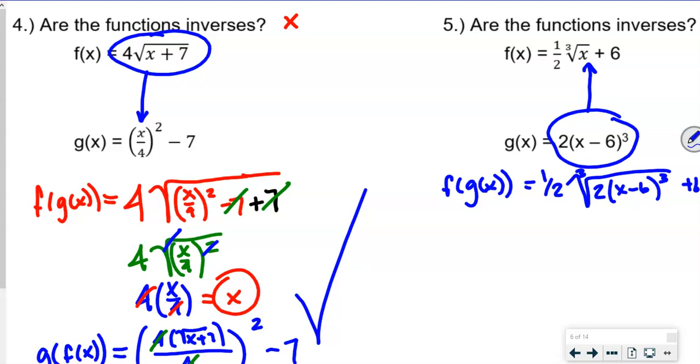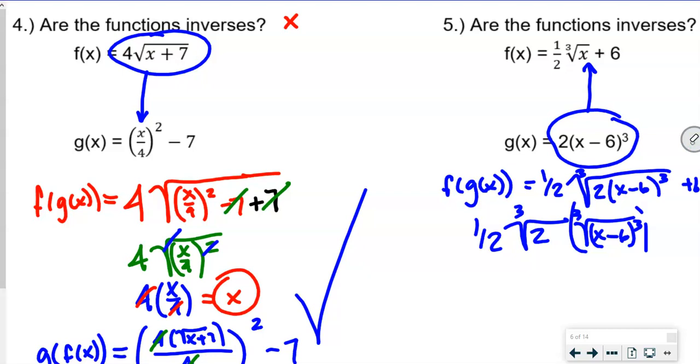So this is going to be 1/2 the cube root, and I'm going to go ahead and split these up, of 2, and the cube root of x minus 6 cubed, right? Because we're going to end up cubing these, yes? Or cubing that. That was cubed. Sorry, I put that in the wrong place, y'all. This is a cubed, right? This was cubed.